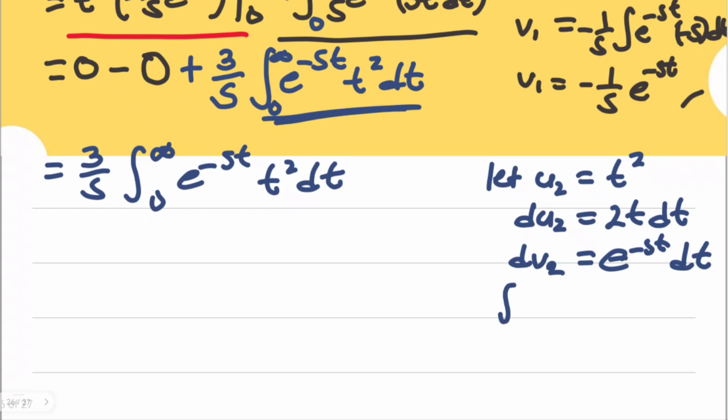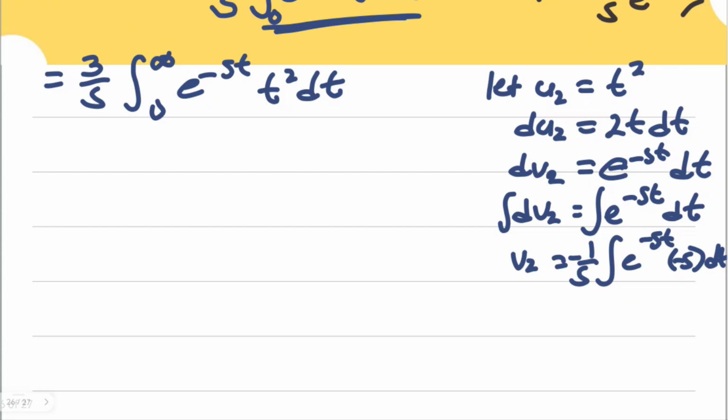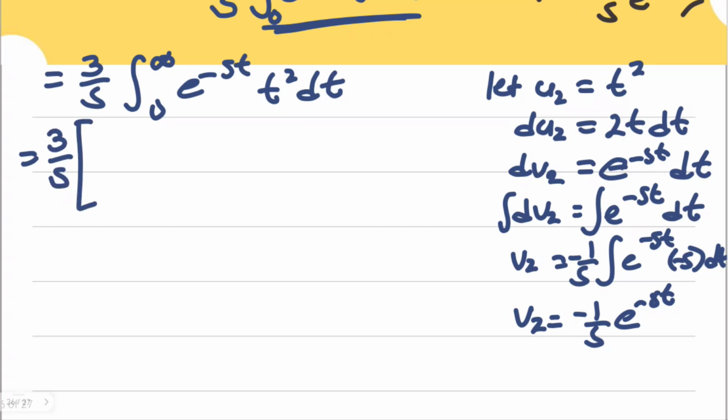Integrating both sides, we need another negative s dt to integrate that, and again negative 1 over s. So your v sub 2 is negative 1 over s e to the power of negative st as well. For this, take note, you have a factor of 3 over s for whatever the result is here.